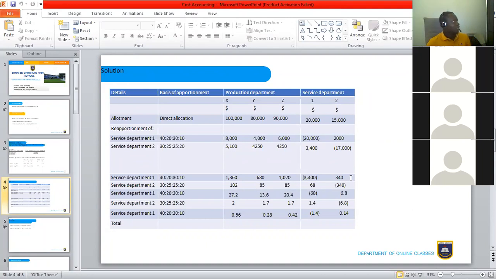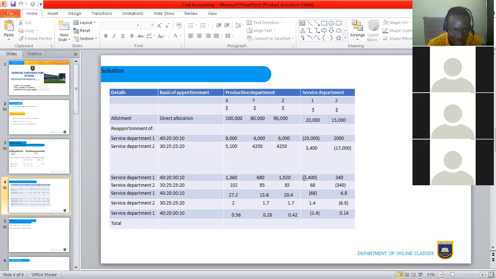So you must keep on reapportioning any cost that falls under the service departments until they become insignificant. And 340 is significant, meaning that you must share that figure also using service department 2.